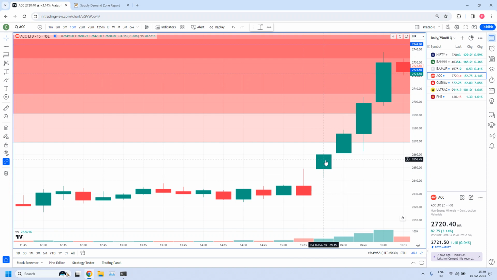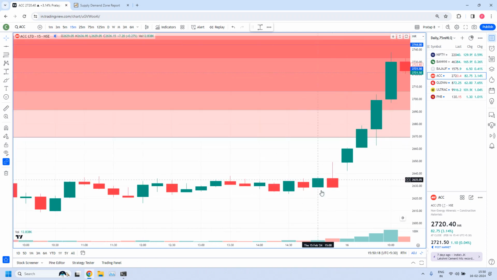This is today morning 9:15 candle, 9:30 candle, 9:45 candle, and 10 o'clock candle. In the 10 o'clock 15 minutes candle, it reached the zone. Then what is the target? The target should be somewhere here.